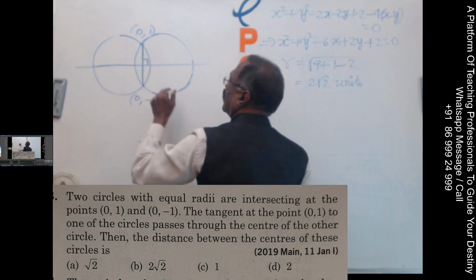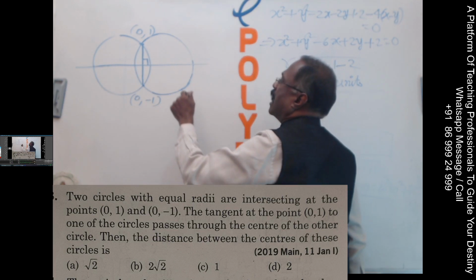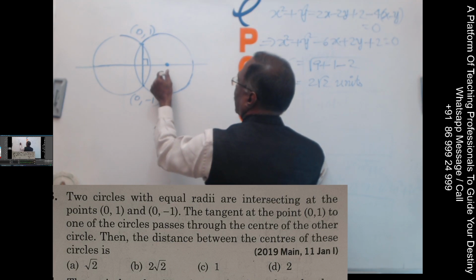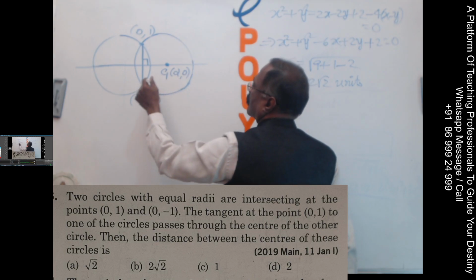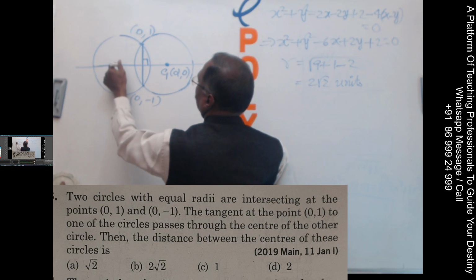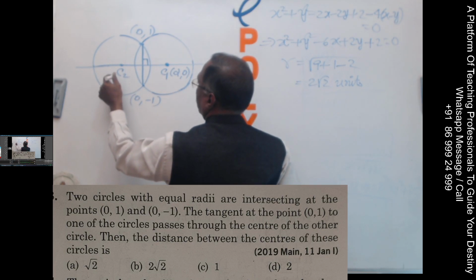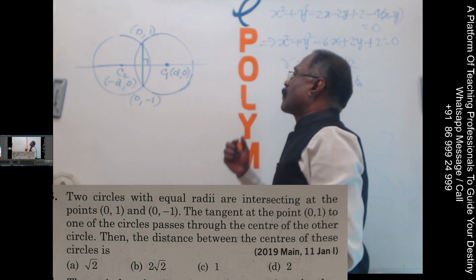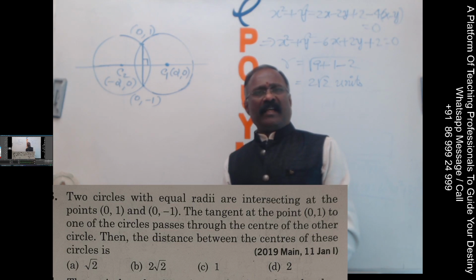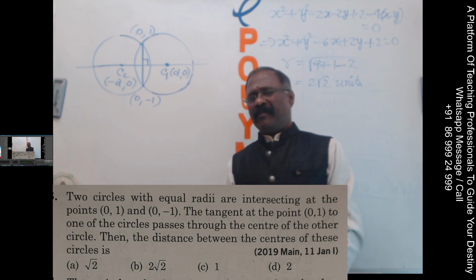becomes x-axis. And if I take this center as some alpha comma 0, then the other lies on the other side, C2 minus alpha comma 0. Then you may be thinking, sir, how can we take that? If it is alpha, 0, how can you say that is minus alpha comma 0?